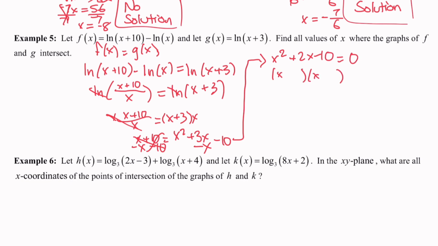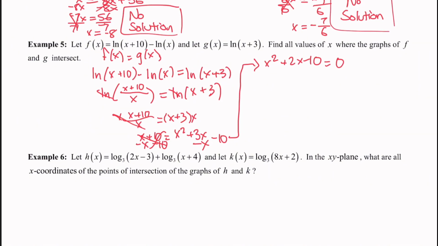So let's do that. What adds to 2 but multiplies to negative 10? So it looks like nothing works, so we would have to use the quadratic formula. So I'm going to write the quadratic formula in this corner. Hopefully you remember it, like use a song or anything.